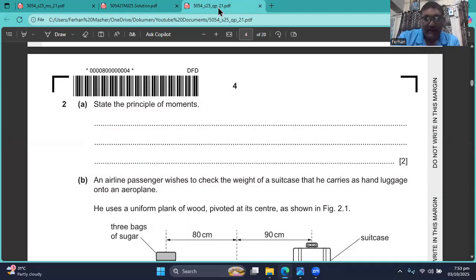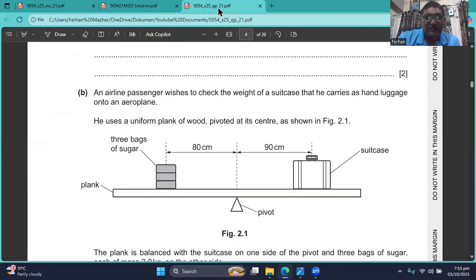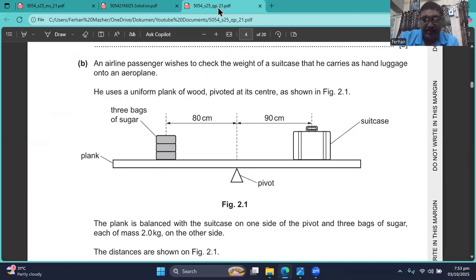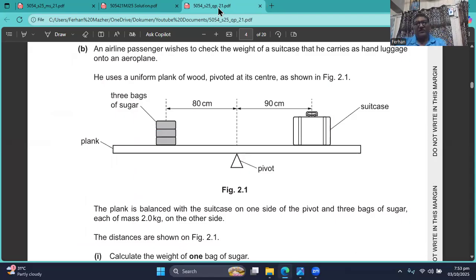Okay. So then we have question number 2, B part. It says an airline passenger wishes to check the weight of a suitcase that he carries as hand luggage onto an aeroplane. He uses a uniform plank of wood pivoted at its center as shown in figure 2.1.